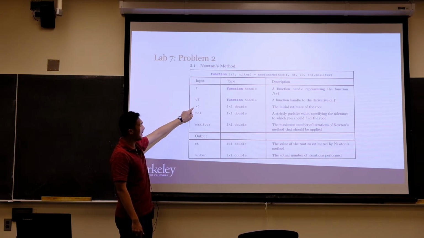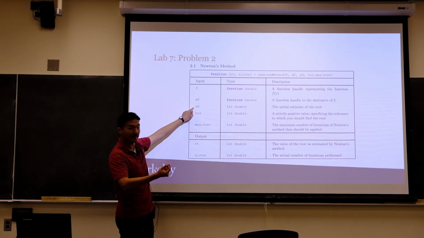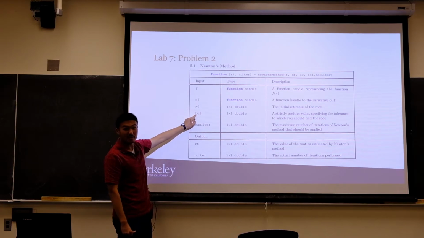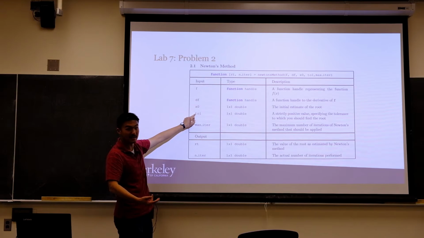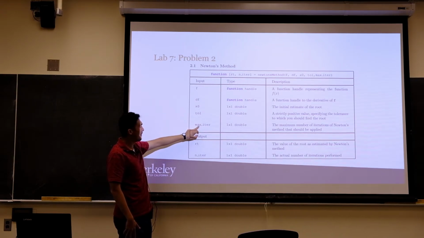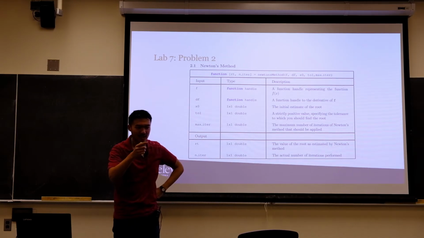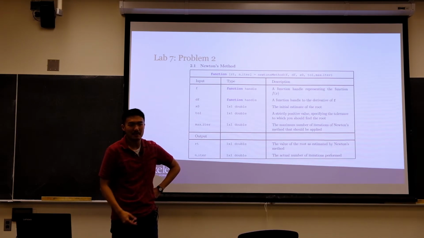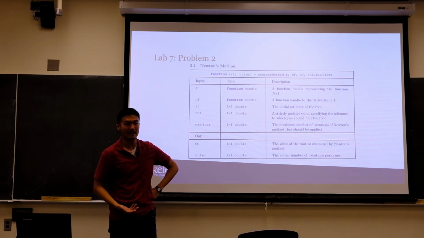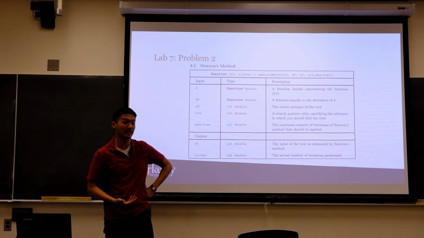Then we need x naught, which is the initial guess, and a tolerance, because how else are you going to check whether the current x guess is the best guess? Also, looking at some of our discussion after showing you the algorithm, there are perhaps cases where the Newton solver will go on forever, or at least take forever to obtain an answer.